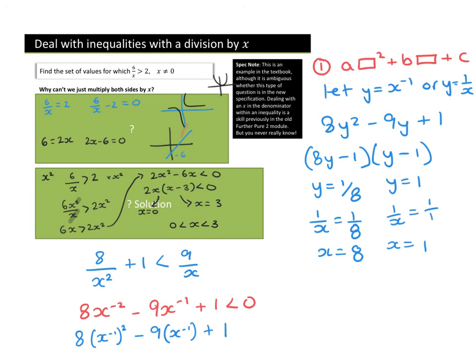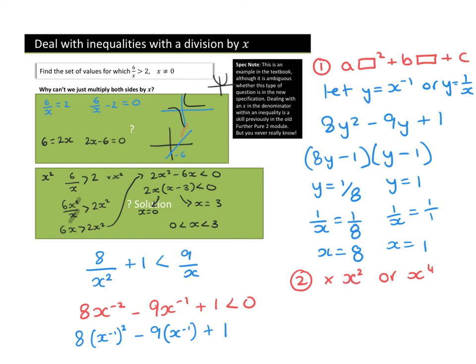Or, as I've just shown you, the second way to do it is we multiply by a positive value of x. The only way we can multiply by a positive value is it could be an x squared or x to the power of 4, depending on what we want to try and cancel. In this case, our highest power is x to the minus 2, so we're going to multiply by an x squared.